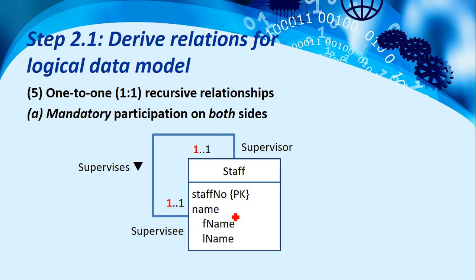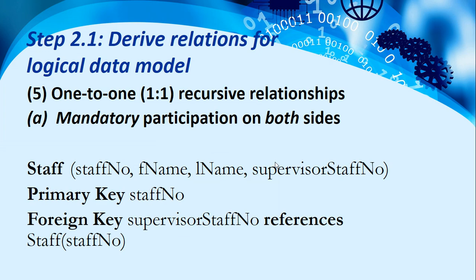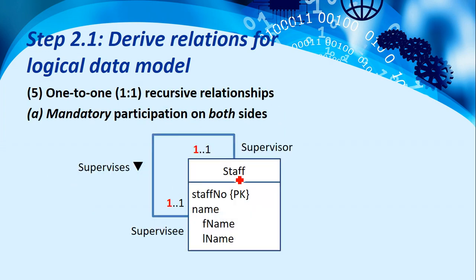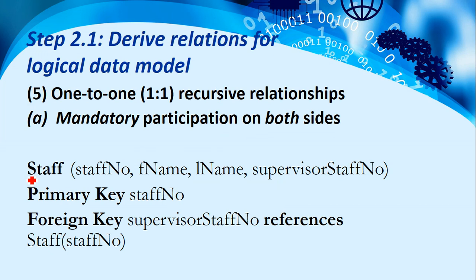And as mentioned though, if we're going to derive a relation for this one, isa lang. So ito yung example niya. Pag i-convert na natin or derive natin yung relation niya, ito na yung equivalent niya.